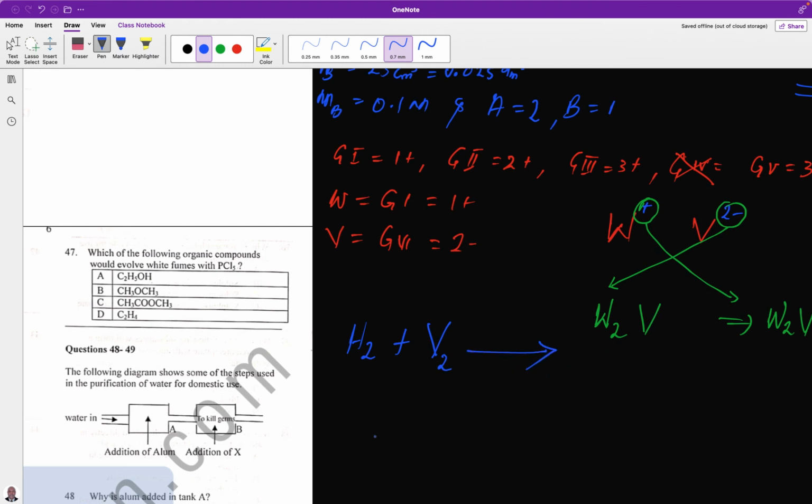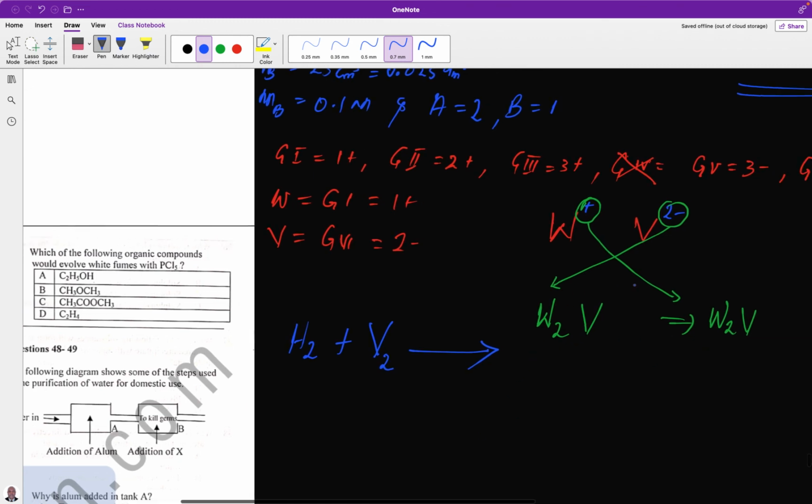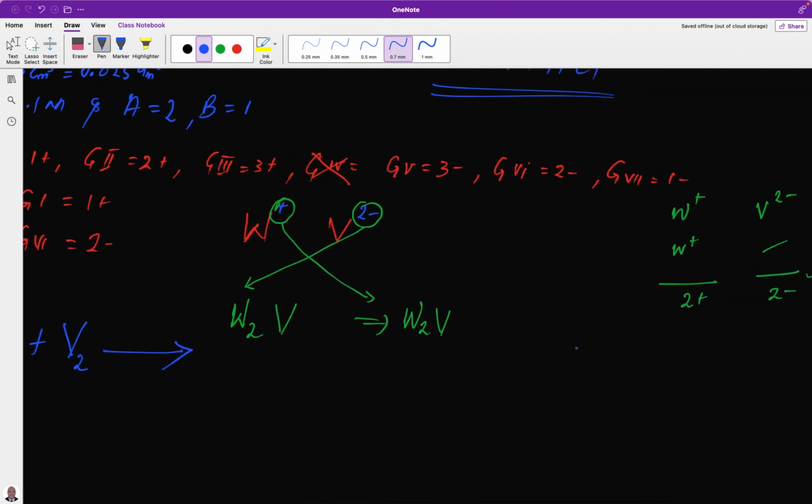Before I come to the answer, the bond that can be formed between hydrogen and V is covalent.